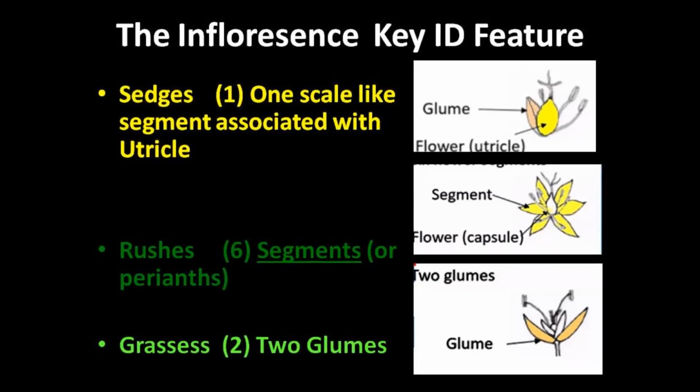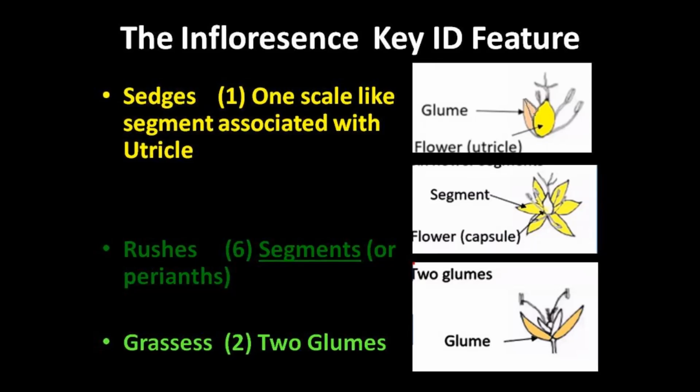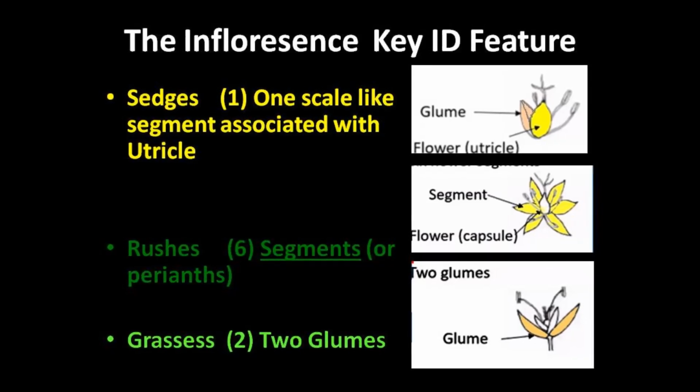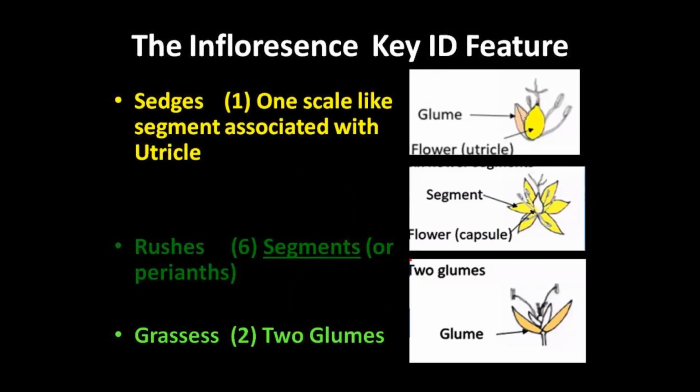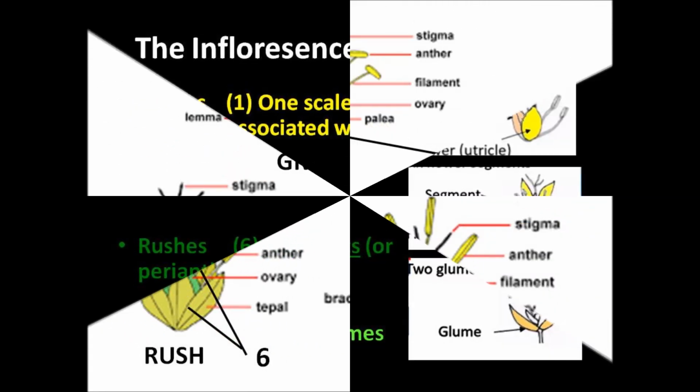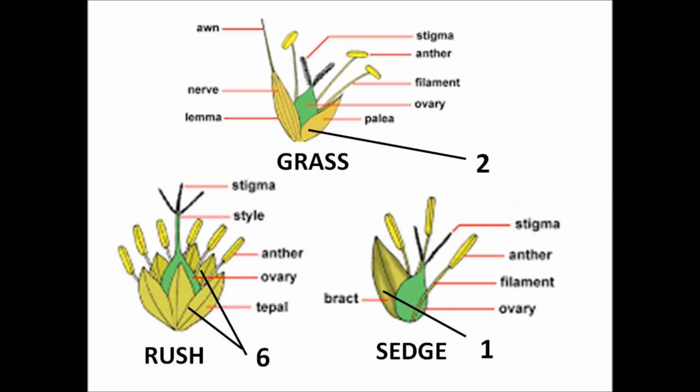If we are looking at grasses, we can see that there are 2 glumes, say again 2, associated with the floral structures. As we shall see, it follows that there is a reduction in form and function in the sedges and grasses, which is not the case in the rush, which contains a full flower with male and female parts.